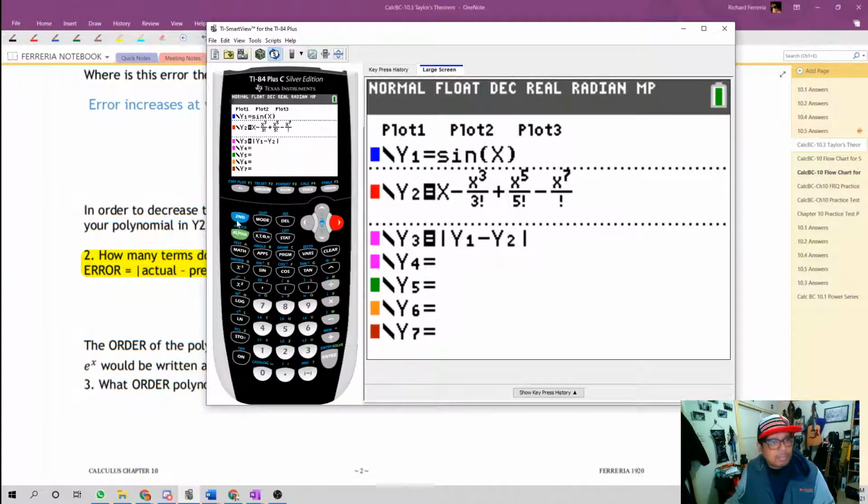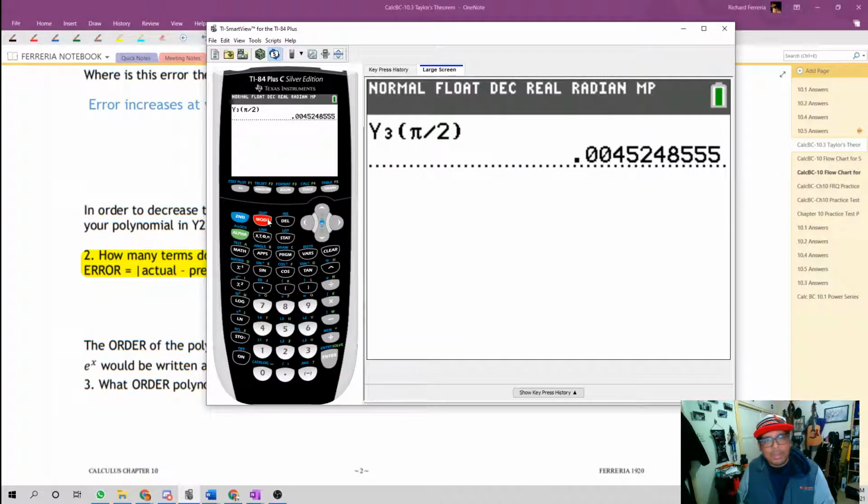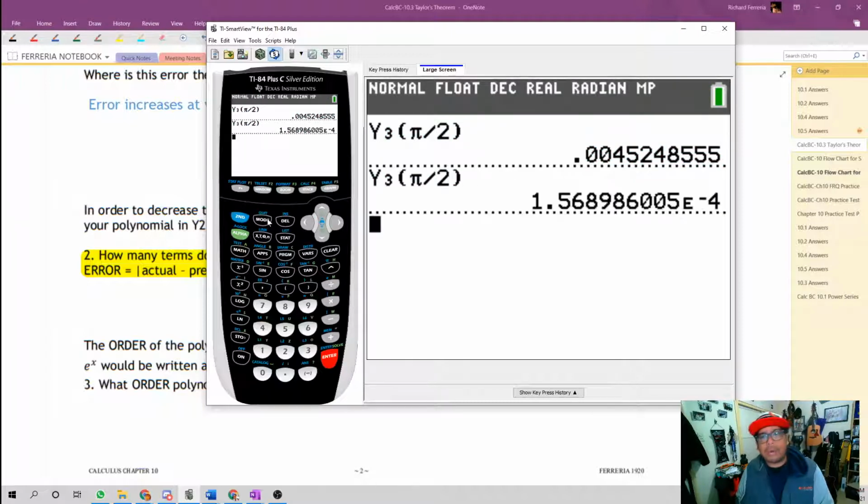And there we go, 7 factorial. Go to the home screen. We'll do that same calculation, the error, and we'll see how many zeros we get now. Okay, so that gives us 3 zeros. Not quite there yet. We're going to need another term.